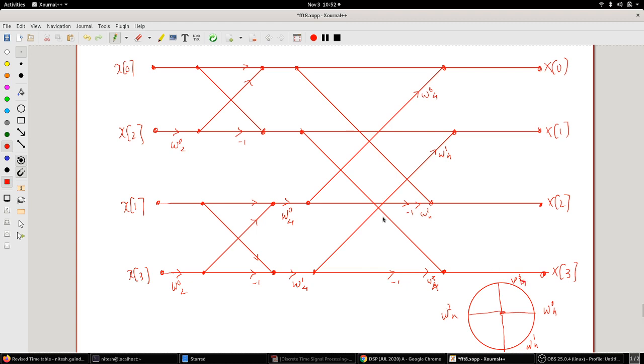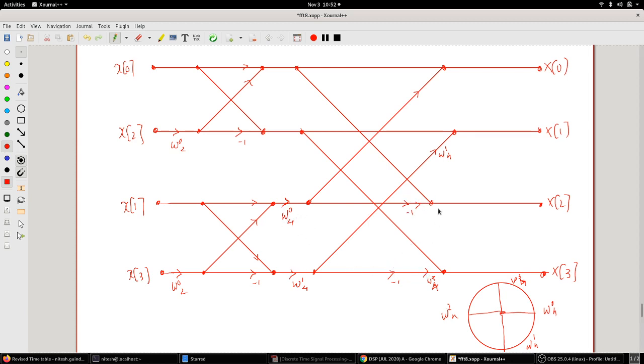So if you see this branch here, this node gets multiplied with W0 of 4 and W2 of 4. So what I have done is, W2 of 4 is minus 1 times W0 of 4, right? So I don't need this computation at all. I can multiply this with W0 of 4 and then just subtract it from this guy. So that's one computation reduced, right?